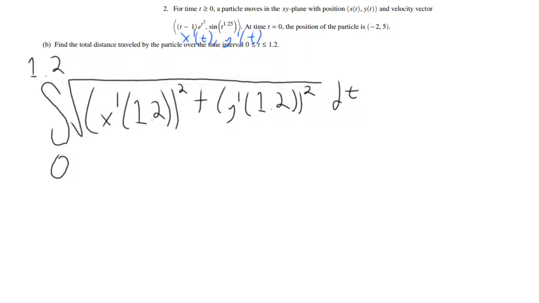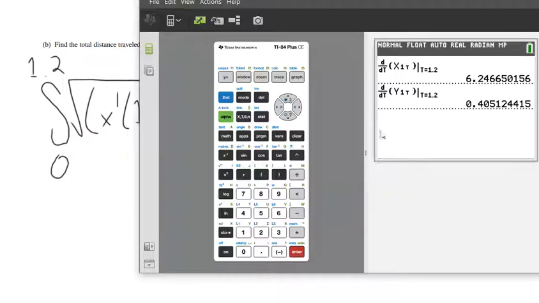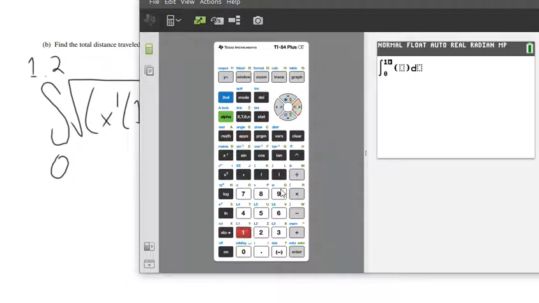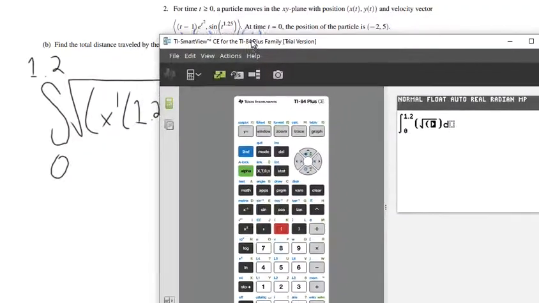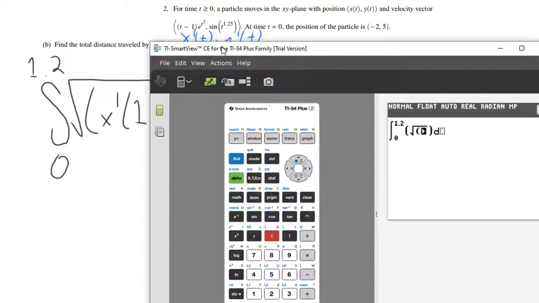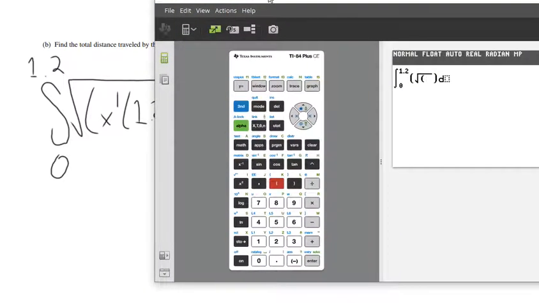And now we'll go ahead and put this in the calculator. So we'll say integral from 0 to 1.2 of the square root, and we have x prime, so when we plug in for the x prime right here, we're going to have 0.2 times e to the 1.2 squared.